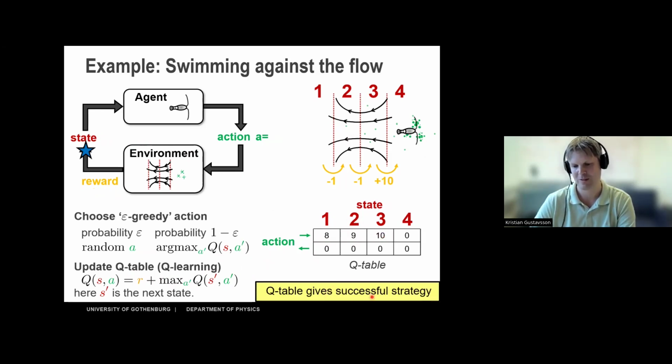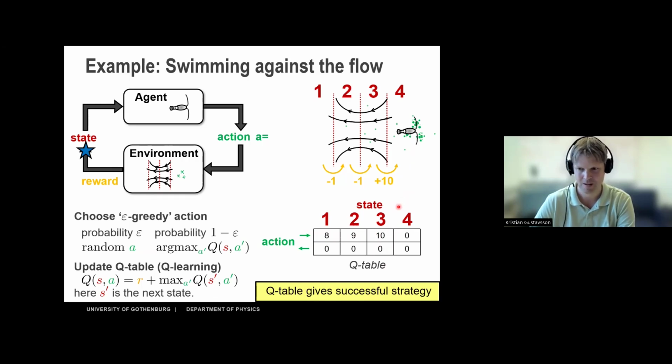So the Q table gives a successful strategy, and we can note that we learned the behavior by first finding something good, and then we propagate this good information to close by states, and in the end we find a strategy that moves to the target region.